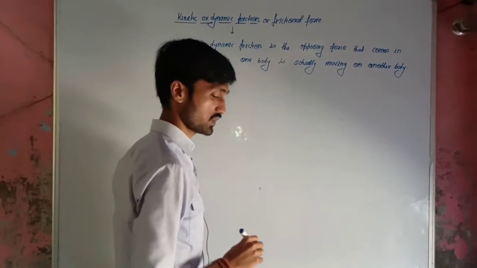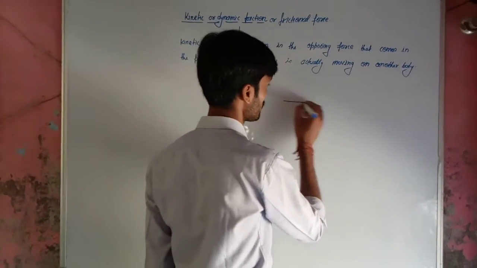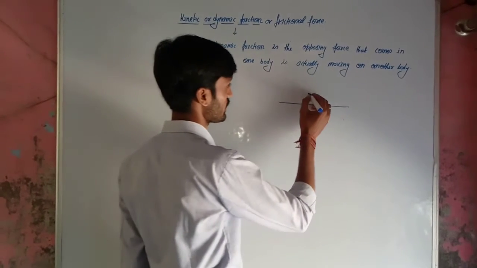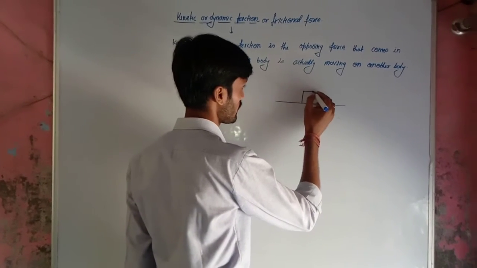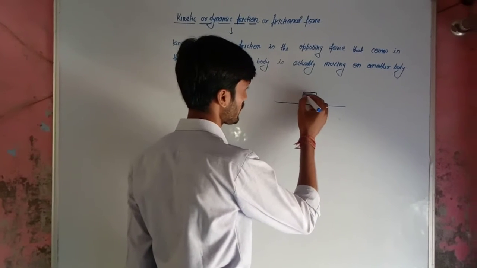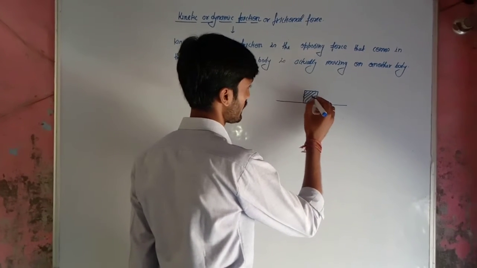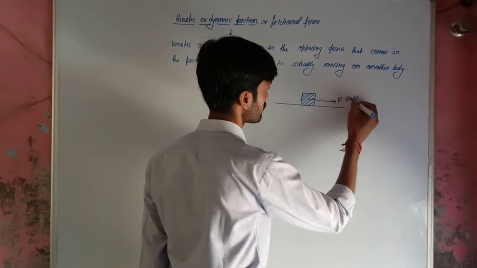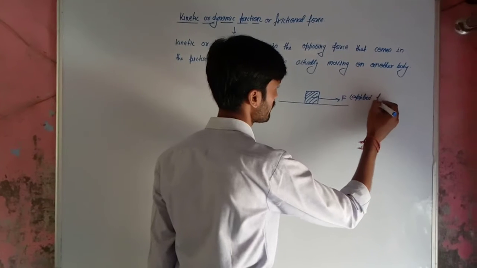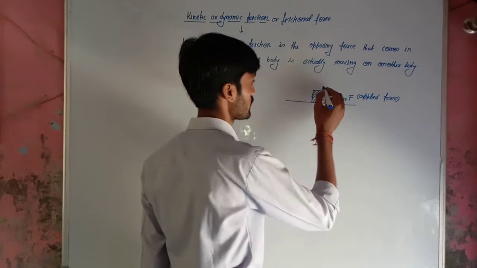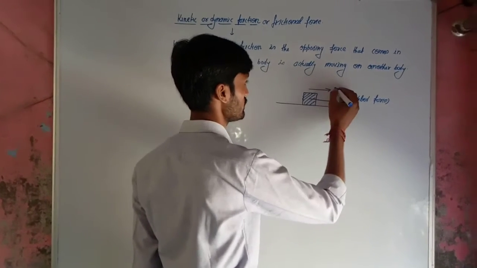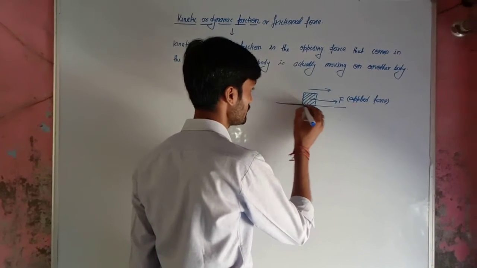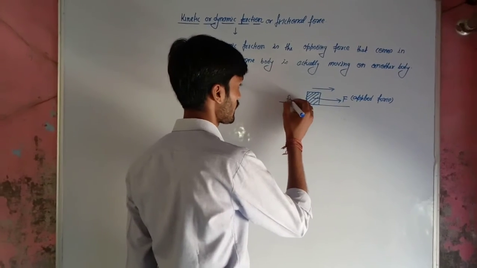body. Okay, so suppose this is the upper surface of any object and this is another object which is moving on the surface of this object. Then suppose this is an applied force, and moving in this direction. Okay, and here will be a friction force Fk.